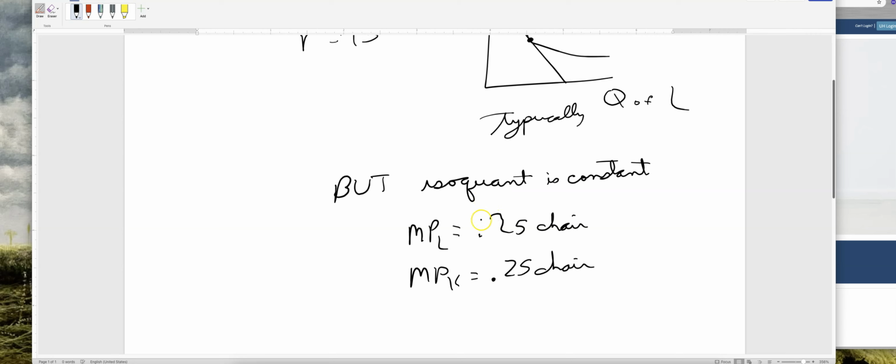Any combination, 4 hours of work, 4 hours of rental of capital equals one chair. So marginal productivity of labor would just be a quarter of that.